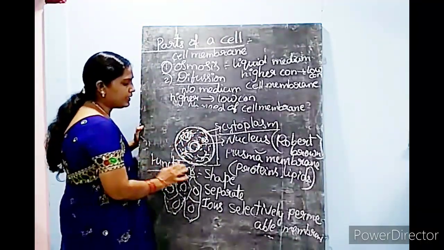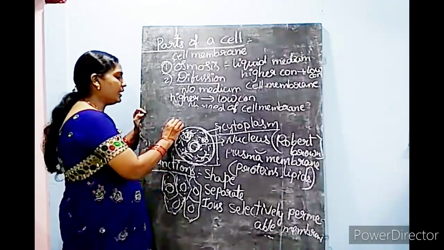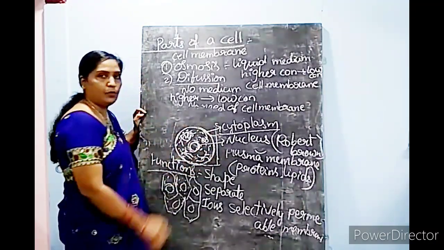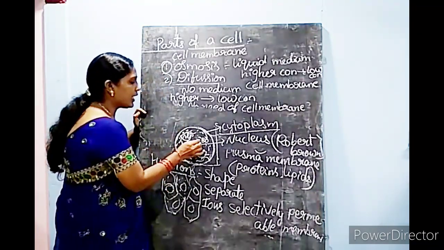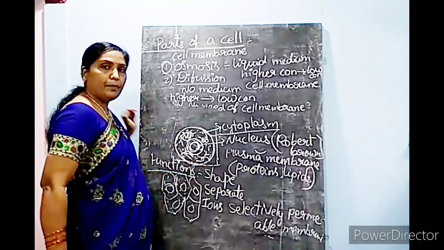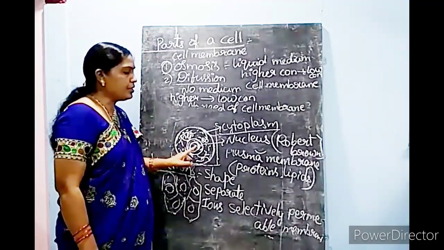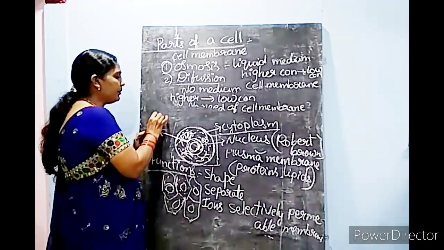Just as your cell is surrounded by a cell membrane, and the plant cell has a cell wall around it, in the same way the nucleus is also surrounded by a membrane. This is known as the nuclear membrane.